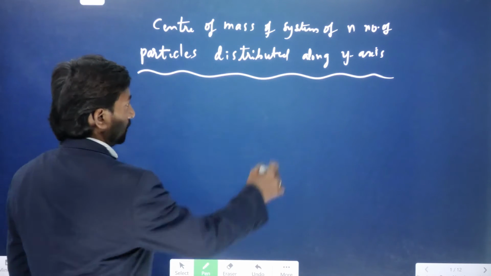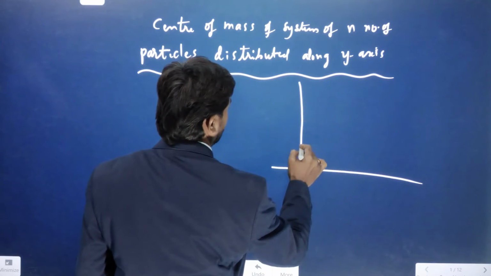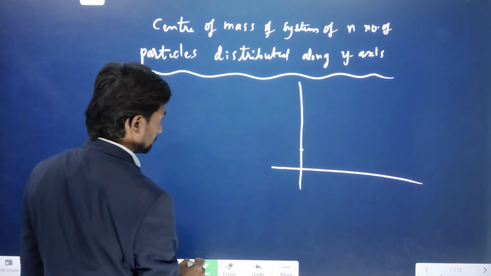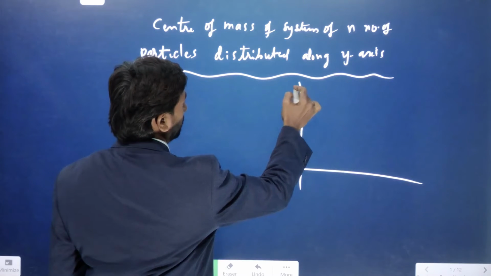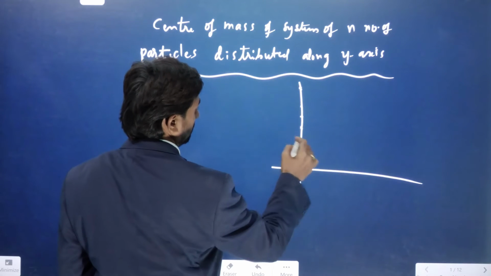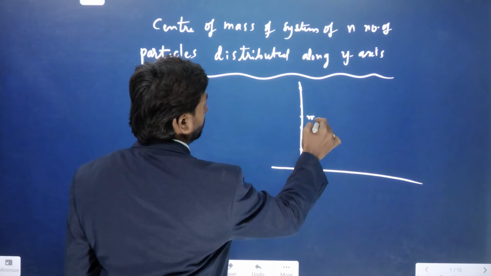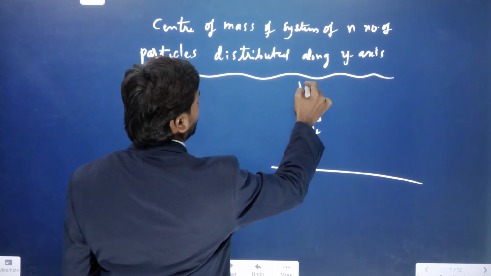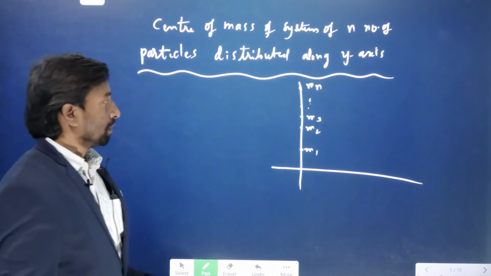So all the particles, the system of particles, will be distributed like this. Here a particle will be there, and here. Like this, n number of particles are displaced there. m1 is the mass of the first particle, m2, m3, and so on up to mn, the masses of the particles distributed along the y-axis.